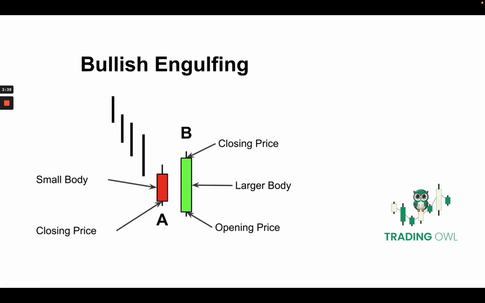Now the second one is the bullish engulfing pattern and its counterpart is called the bearish engulfing pattern. The bullish engulfing pattern appears more often on the chart and has a good record of a positive role in the bullish direction. This comprises two candle lines.